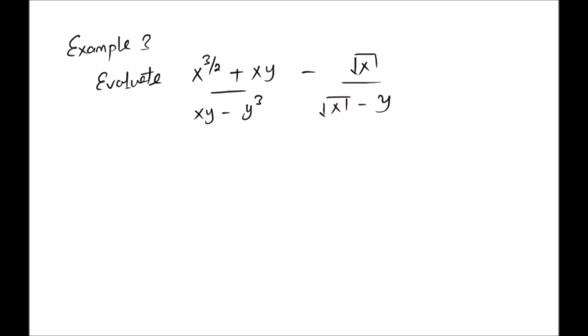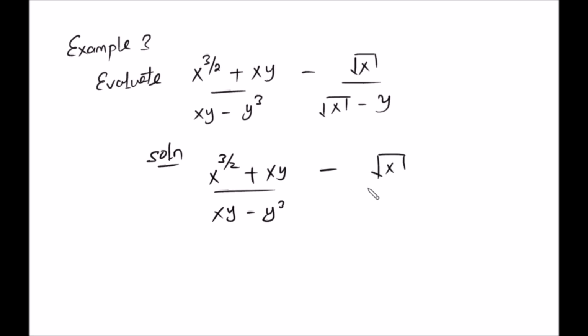Example 3 here says evaluate that expression there. So solution, I'm going to rewrite this expression again. We have x power 3 over 2 plus xy over xy minus y cubed, minus the square root of x over the square root of x minus y.